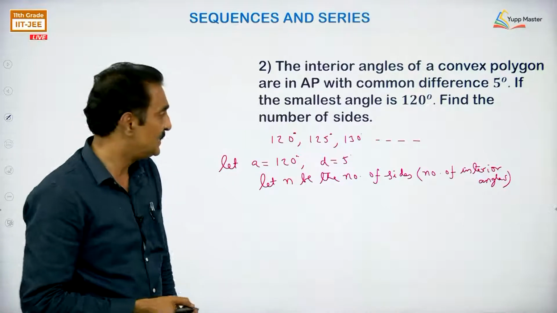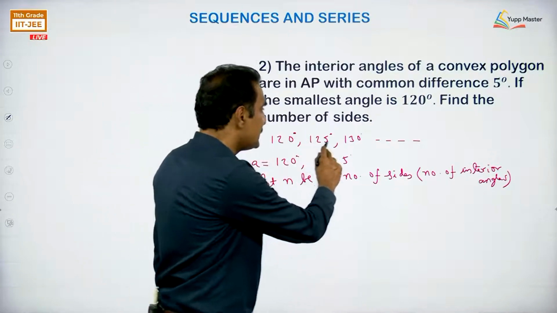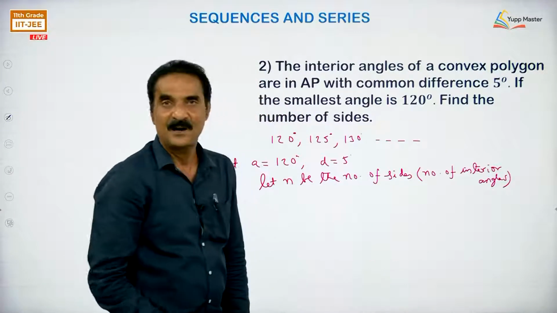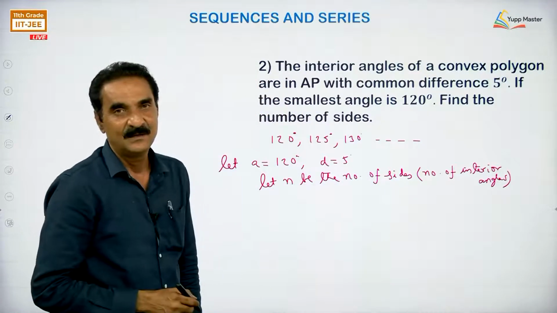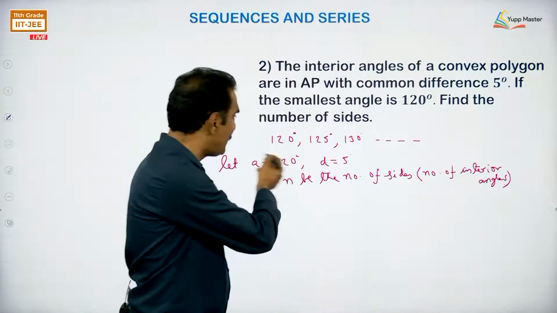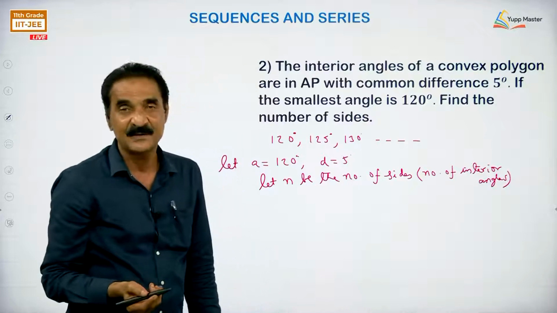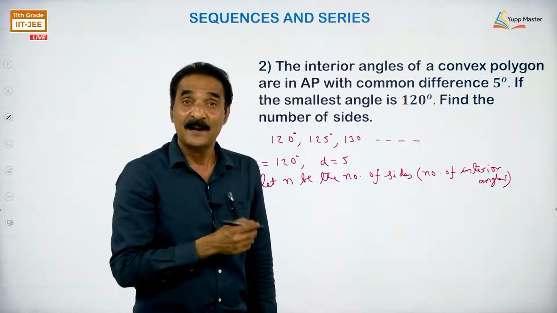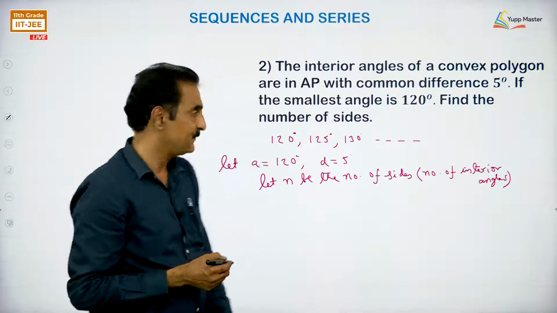Let us see the angles. Angles are increasing. So, the greatest angle is the last angle or nth angle. If the last angle is less than 180 degrees, automatically all remaining angles are less than 180 degrees. So, I will check the greatest angle for n equal to 9 and n equal to 16.